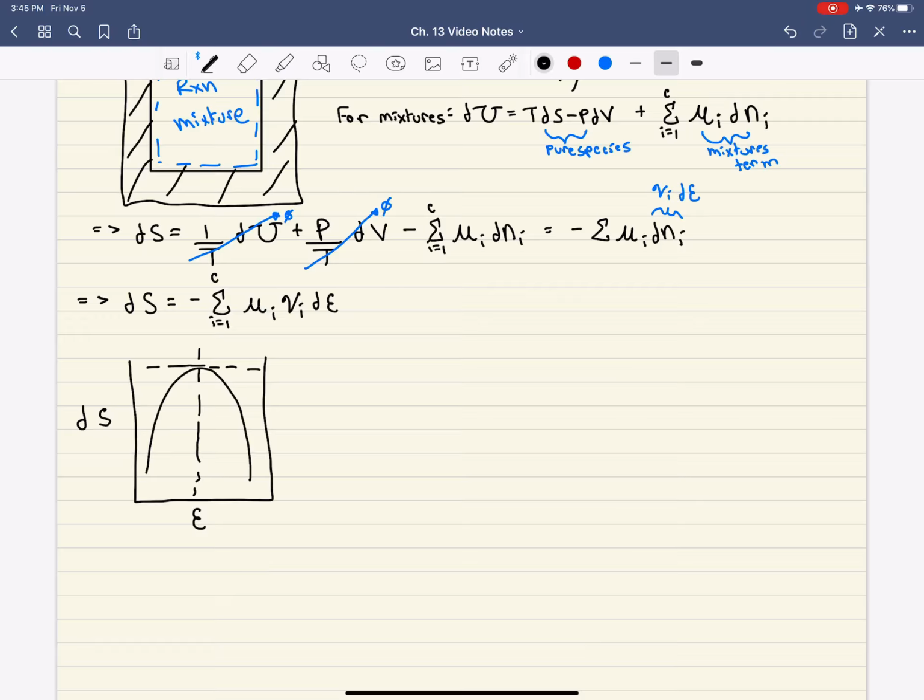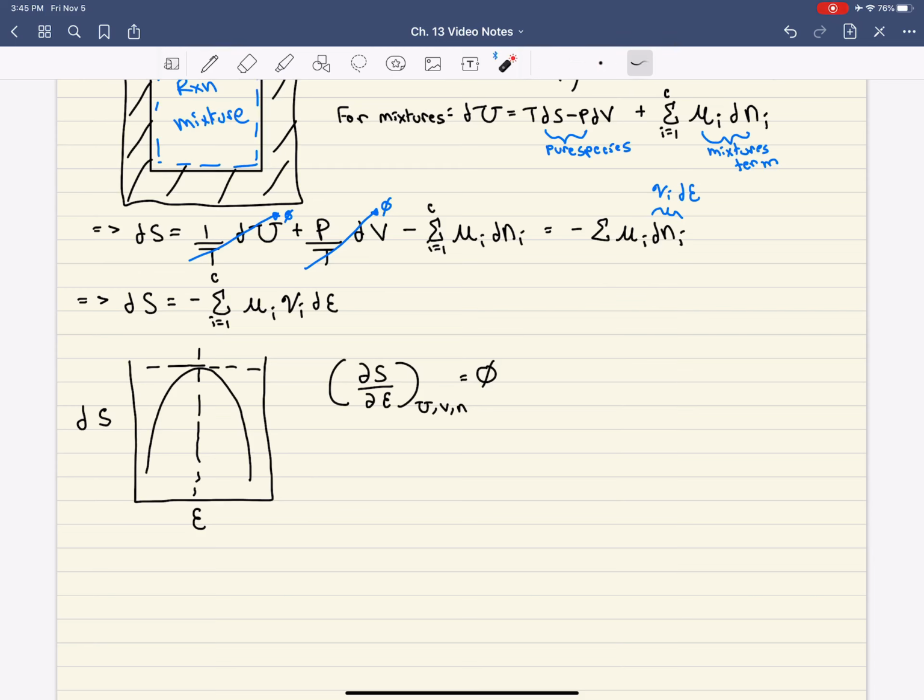And so that means, if it's going to reach a maximum, that the partial derivative of entropy with respect to epsilon at constant U and constant V has to be equal to 0. Okay? And constant moles as well. That has to be equal to 0.